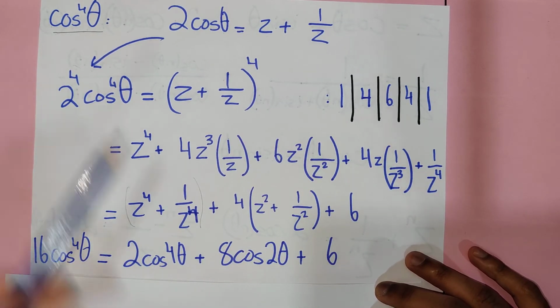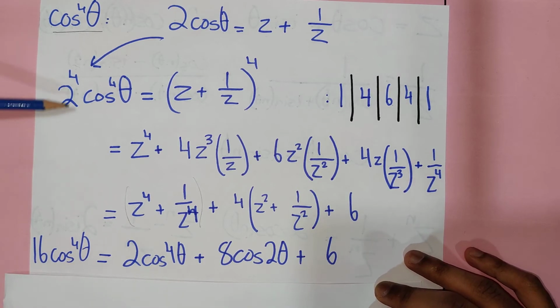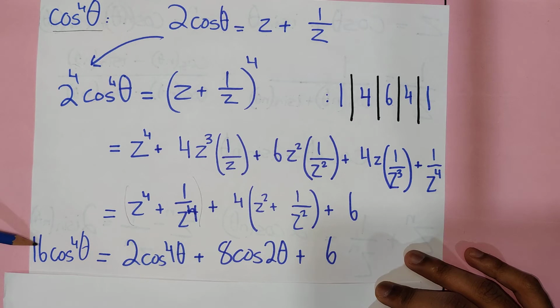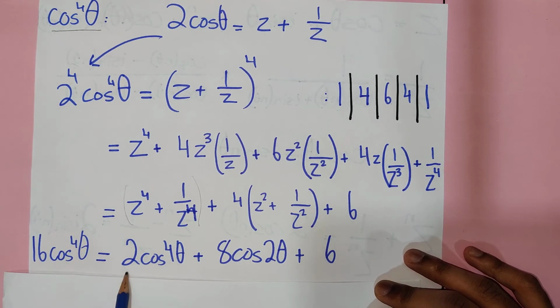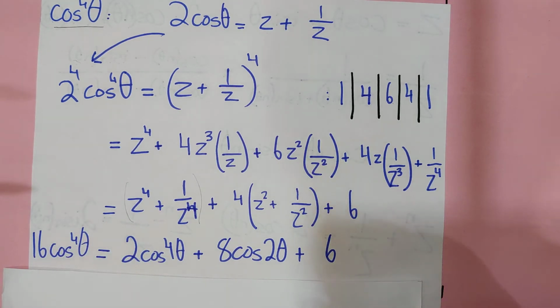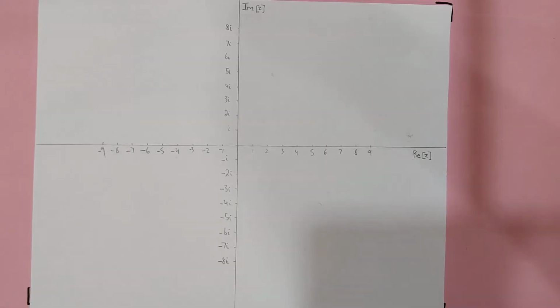So you end up with this on this side. But don't forget, over on this side, you also raise 2 to the power of 4. So we have 16 by cosine to the 4 theta is equal to this whole thing here. So if you want to get cosine to the 4 theta, you just divide both sides by 16 and you will get your answer. So those are all the applications of De Moivre's theorem that students need to know.